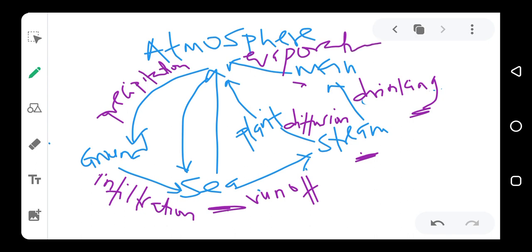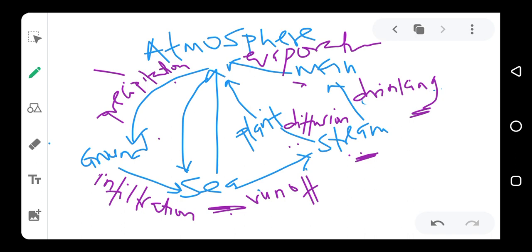Through evaporation, it will come to the atmosphere, and then from the atmosphere, it will come through precipitation through the side. It will come back to the ground, and from ground, through infiltration, it will return back to the sea. Or from the atmosphere, the water can fall straight to the sea through precipitation, and the water in the stream can also go to plants, and then from plants through what we call transpiration.